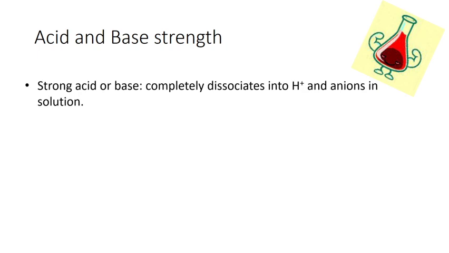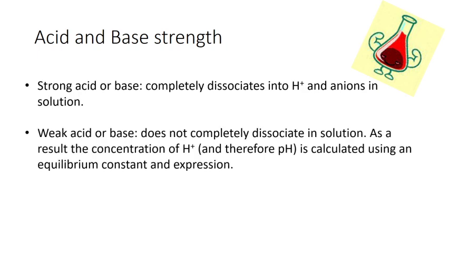So these are our definitions of strong acid and base, that they will completely dissociate when in solution. On the other hand, as you may have guessed, weak acids and bases do not completely dissociate in solution. As a result, the concentration of H plus, and therefore the pH, is calculated using an equilibrium constant and expression. Hopefully you remember those.